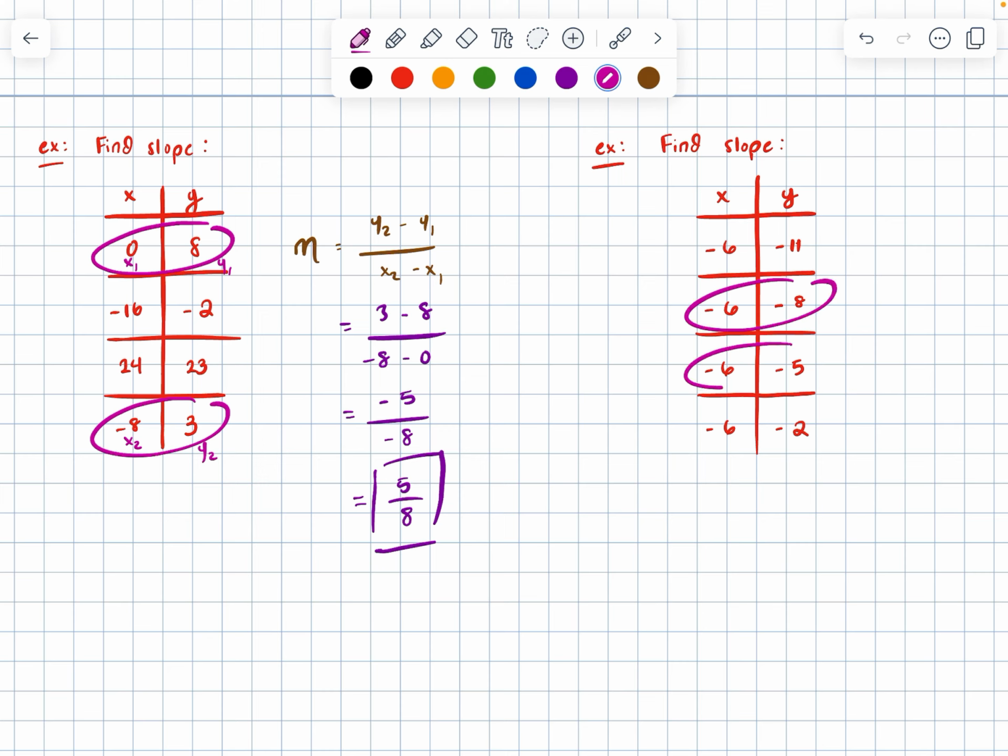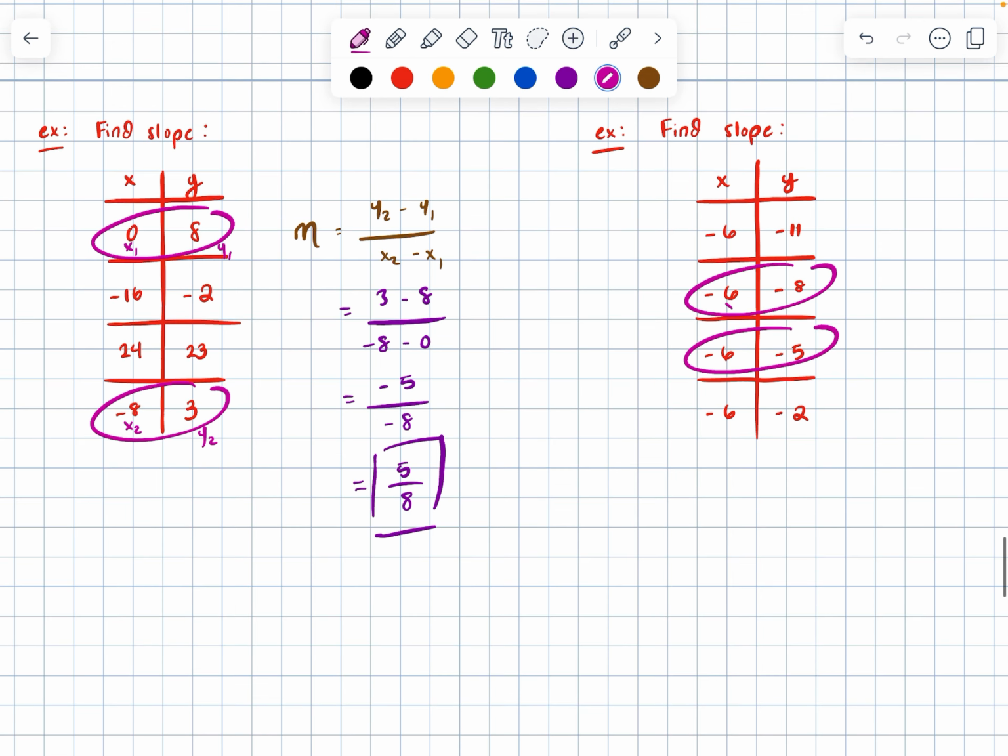And finally, for the one on the right, it doesn't really matter which one I choose here. Something's going to be wonky, maybe you've already noticed. Maybe I'll take the middle two here. Again, it doesn't really matter. Plugging into my slope formula, I'm going to say this is x1, this is y1, this one's x2, this is y2.